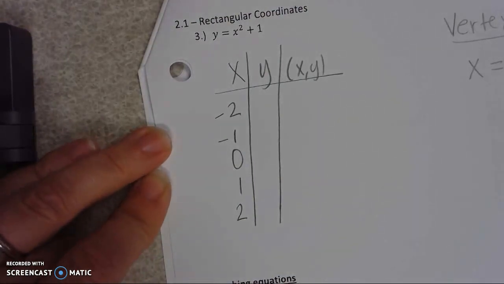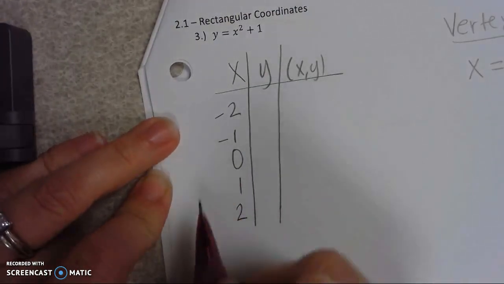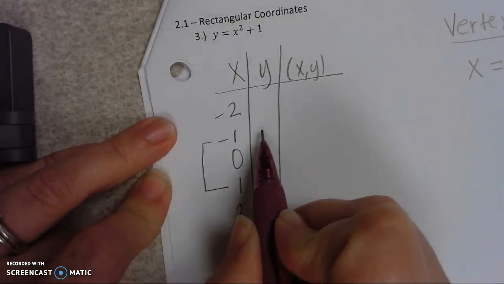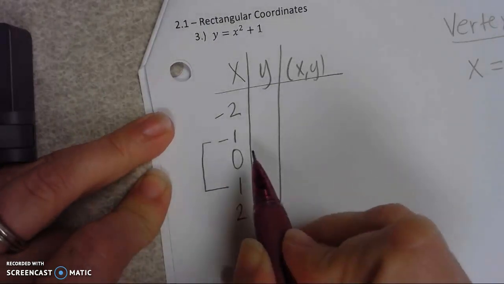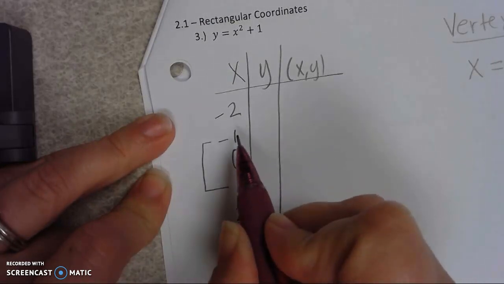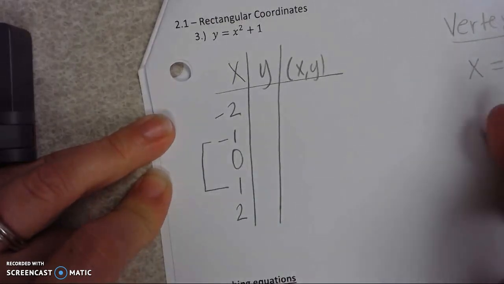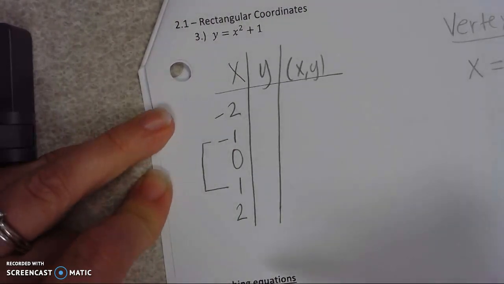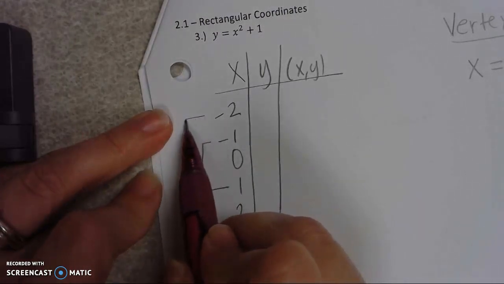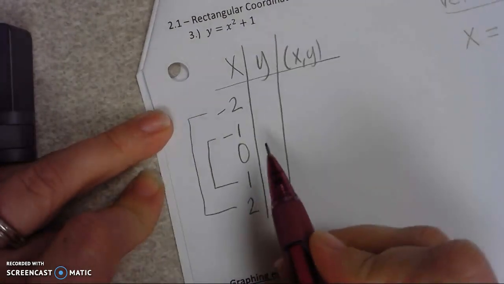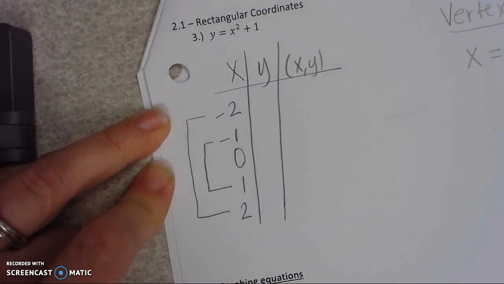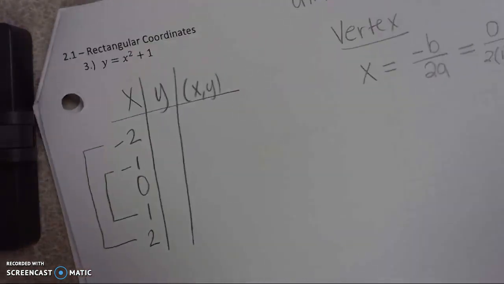What's good about doing this is that because the parabola is symmetrical, these 2 values are going to have the same y value, so you only need to insert one of them. It doesn't matter which one. Once you fill in one and get your y, you can insert that y value for the other x coordinate. The same goes for -2 and 2, because they're the same distance from the vertex. So let's find what those are.